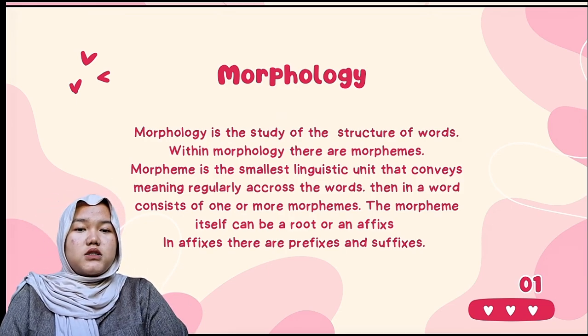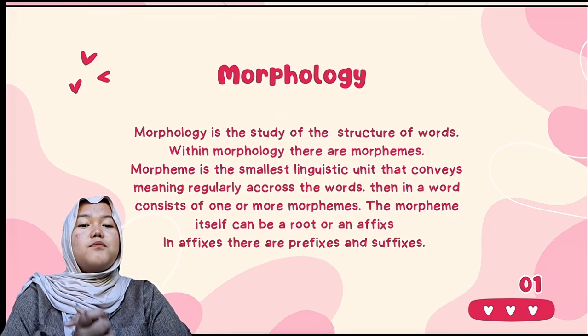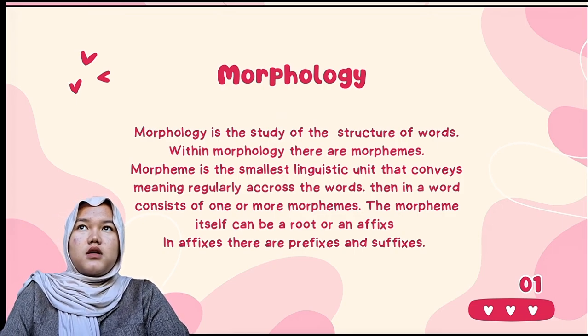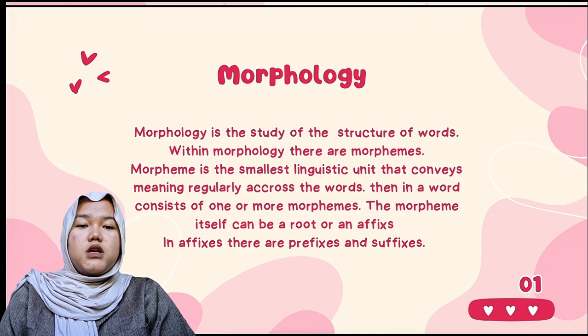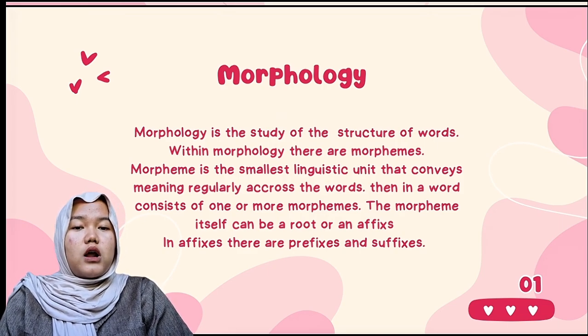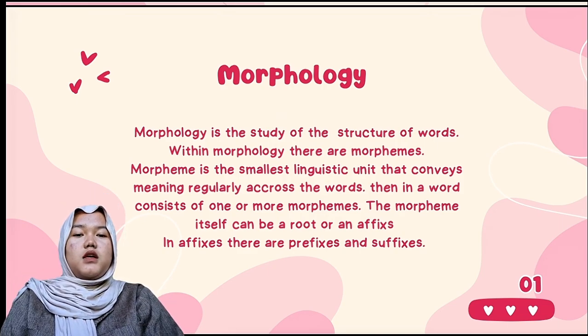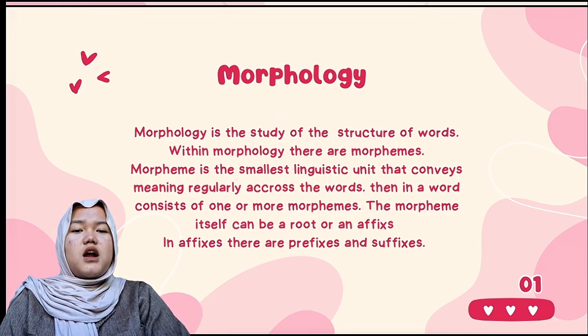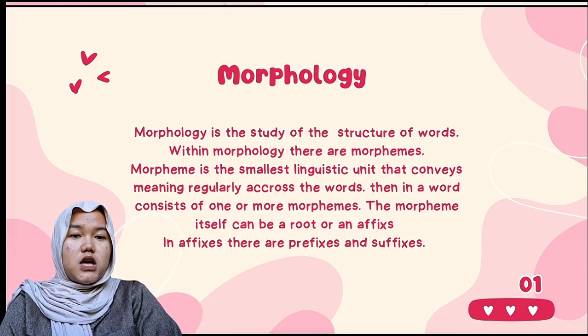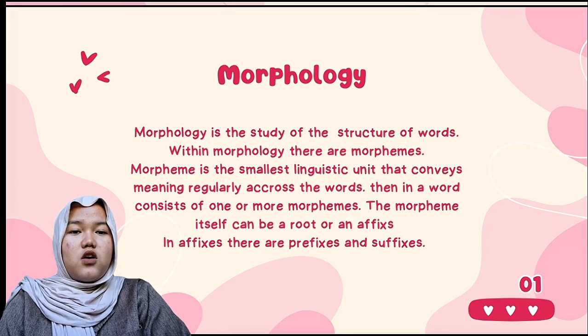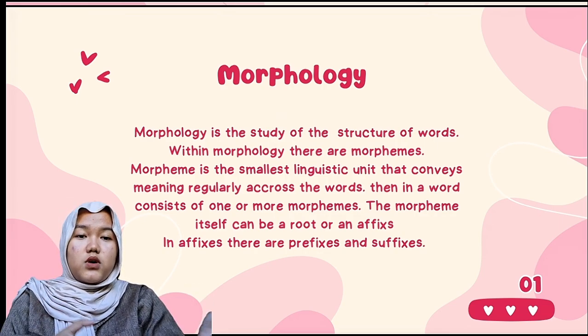Then, a word consists of one or more morphemes. And the morpheme itself can be a base word or an affix. And then in affix, there are prefix, or before the base word, and suffix, or after the base word.